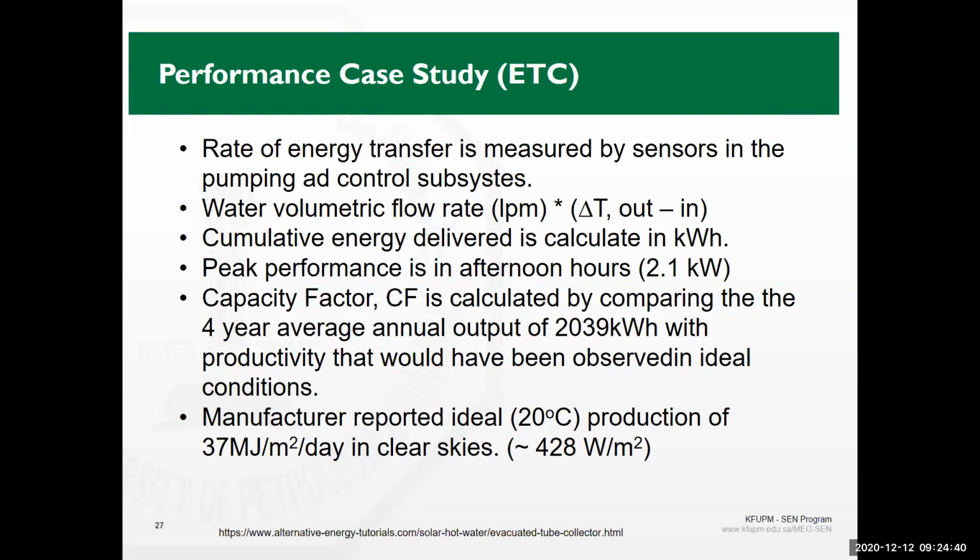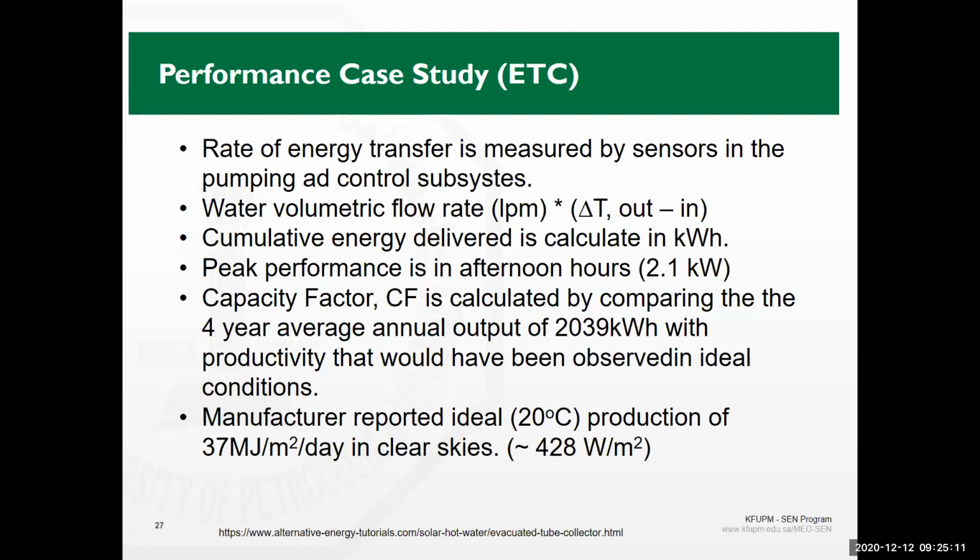So we have cumulative energy being delivered, calculated in kilowatt hours. The peak performance is normally found in the afternoon hours, where basically this is the highest solar energy falling into the unit. And there is a capacity factor, which is calculated by comparing the 4-year average annual output with the productivity that could have been obtained if we were maintaining constant temperature in.